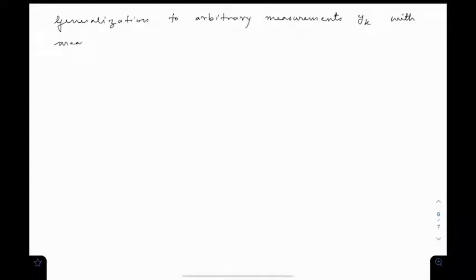If we generalize to arbitrary measurements yk with mean square error delta k squared and theoretical predictions, which we denote by Tk, we compute the chi-square.